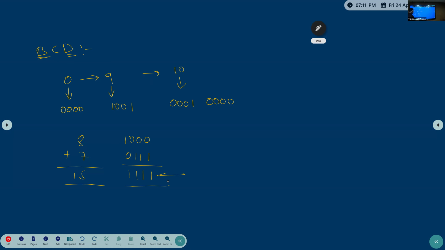No, sir. Suppose you take small numbers, like 2 and 6. I'm taking 2 and 6. How much is it? 8. If I represent it, how can I represent it in BCD? 2 is 0 0 1 0. 6 is 0 1 1 0.